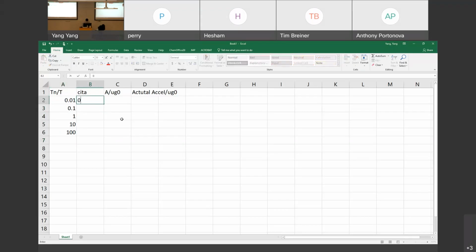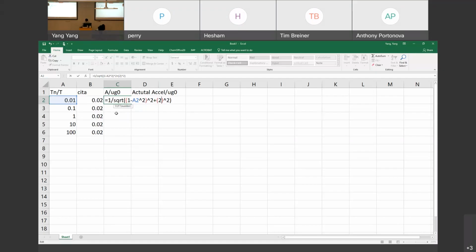So if we use theta equal to 0.2, this is B, that should be equal to 1 over the square root of 1 minus, plus 2 times theta.